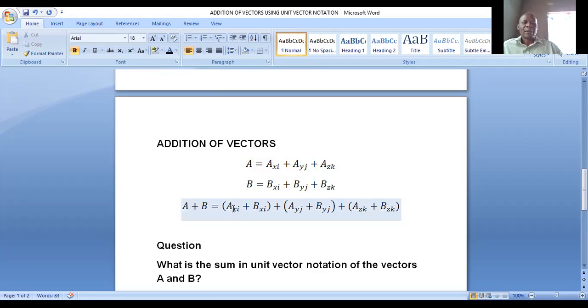Like for example, the vector for A in the x-axis, you add it to vector B in the x-axis. Similarly, you do the same for y and z.